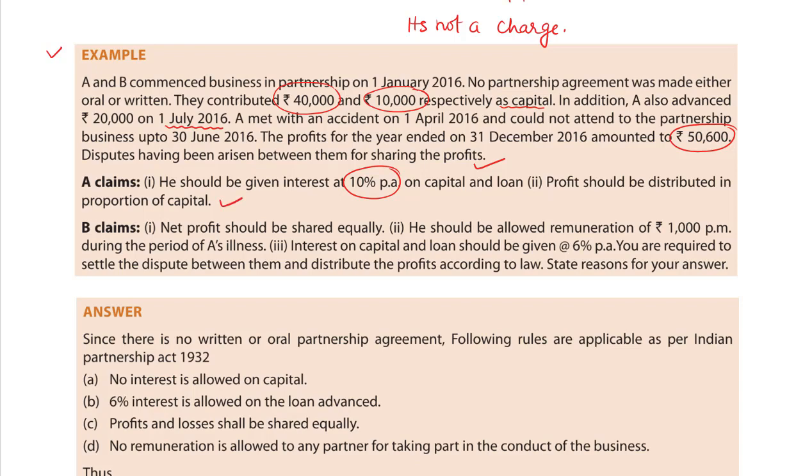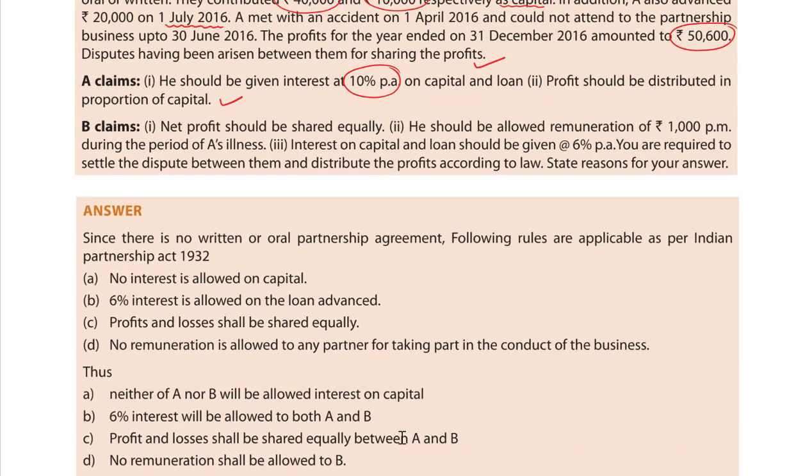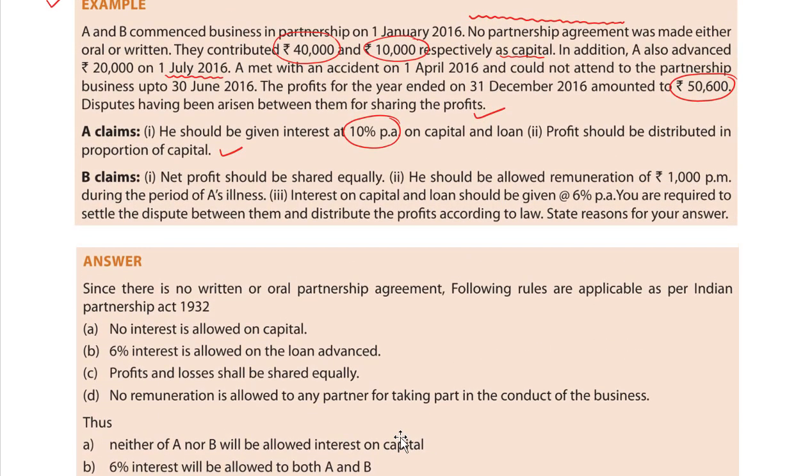My dear students, read in the first line, in case of no partnership agreement. How will you solve this? Next, B claims net profit should be shared equally. Second, he should be allowed a remuneration of 1000 per month during the period of A's illness.